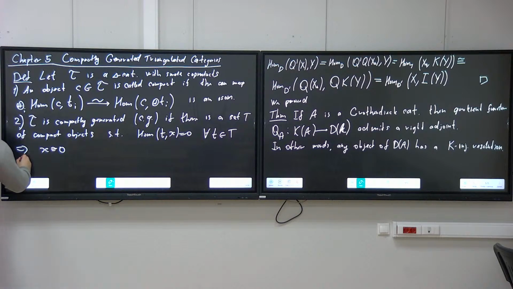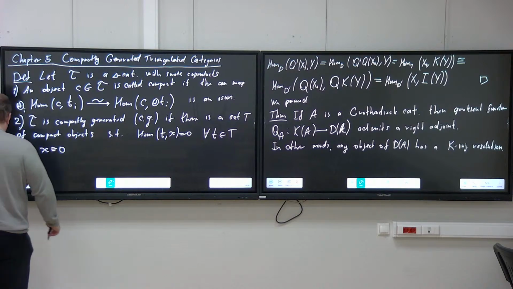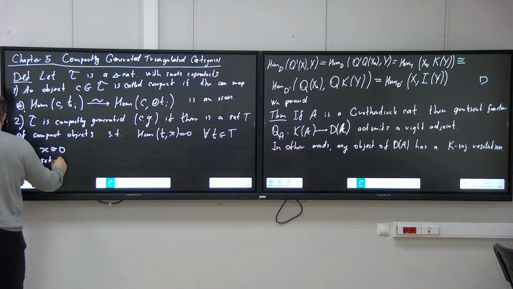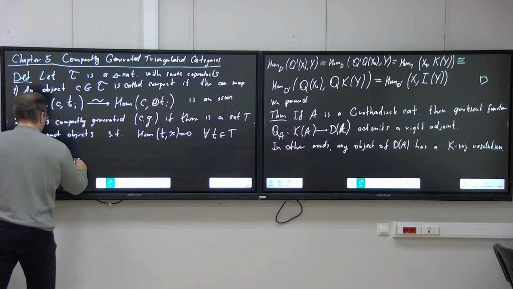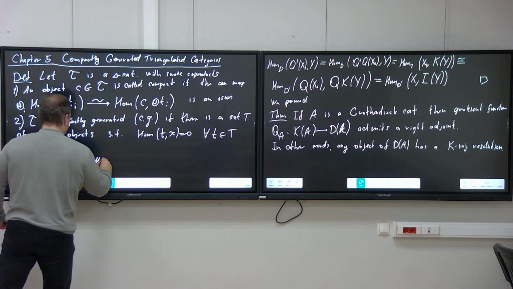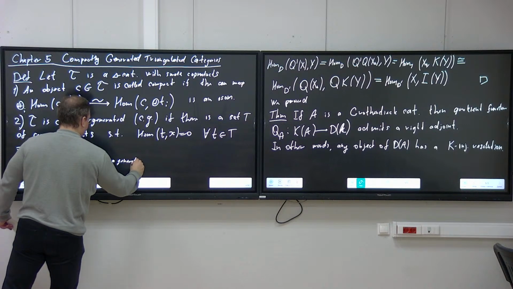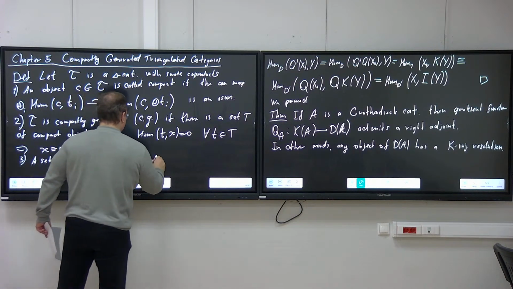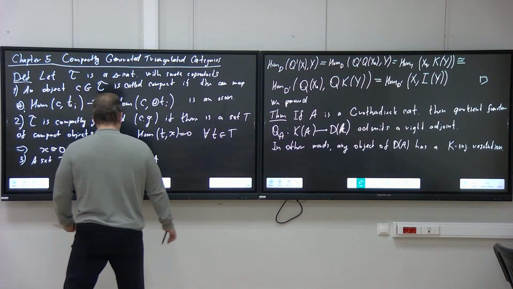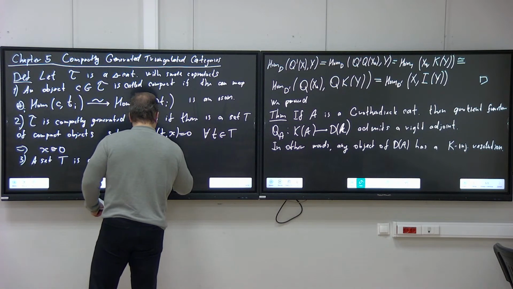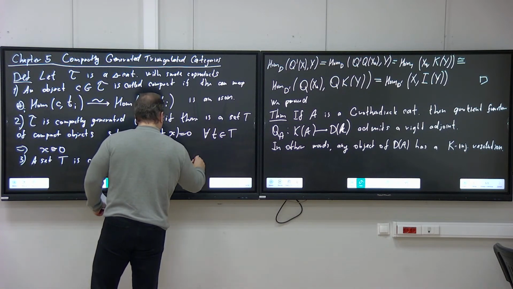Well, there is also a third part of the definition, which is kind of a little bit silly. A set T is called a generating set, just for completeness, we don't really need this to prove anything, if you have two conditions.